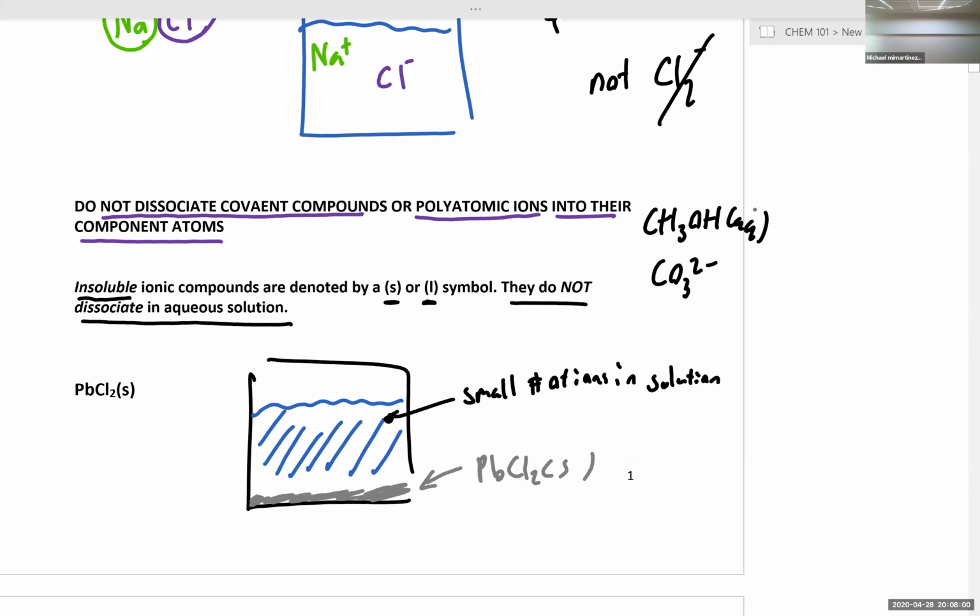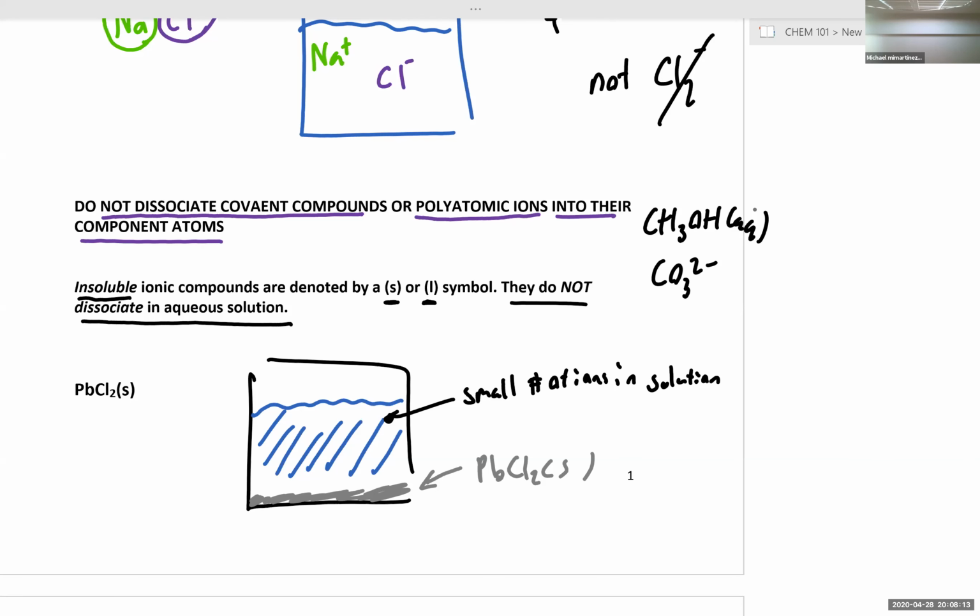So make sure not to dissociate covalent species into their component atoms. I see people do this a lot in net ionic equations, so always remember: covalent compounds, you keep them together. Ionic compounds, if they have an aqueous symbol, if they're soluble, you break them apart.